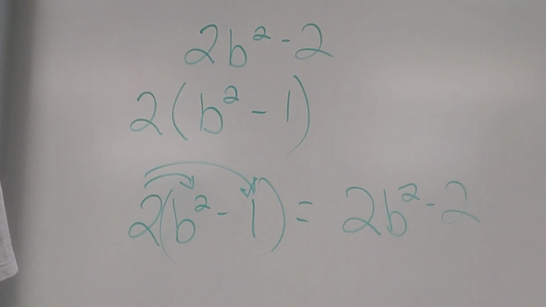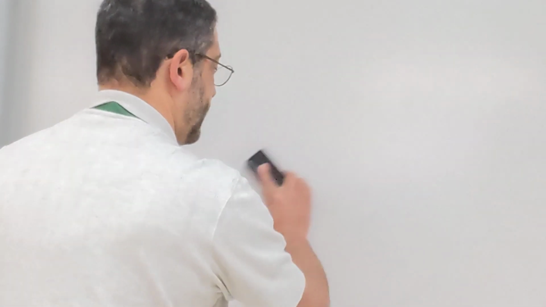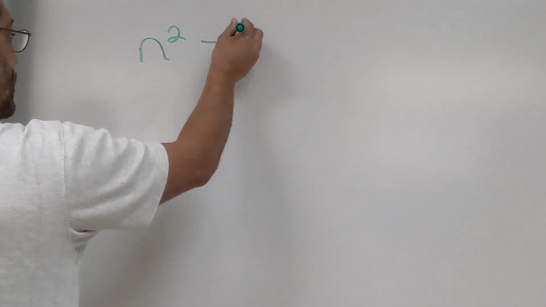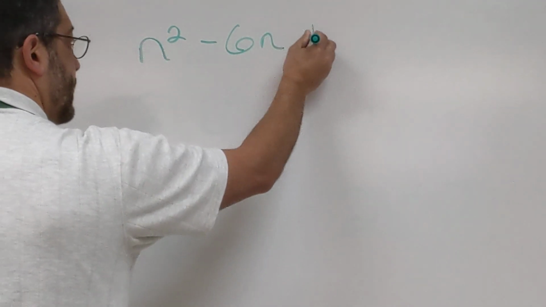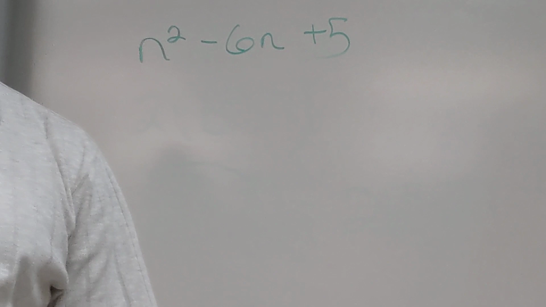Then the other method that we learned for factoring polynomials was simply finding common terms for each of them. So, for example, if I were to write up here on the board something such as n squared minus 6n plus 5, okay?